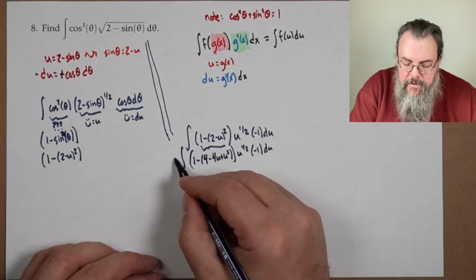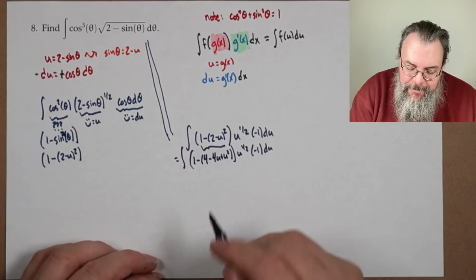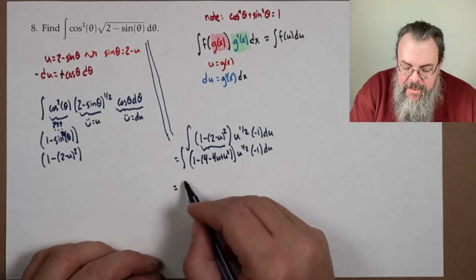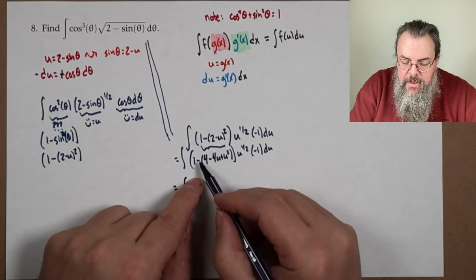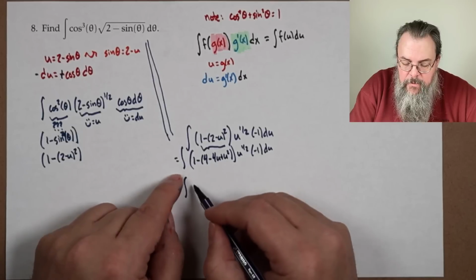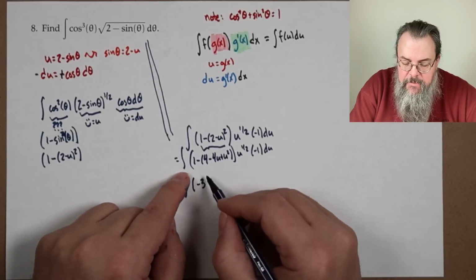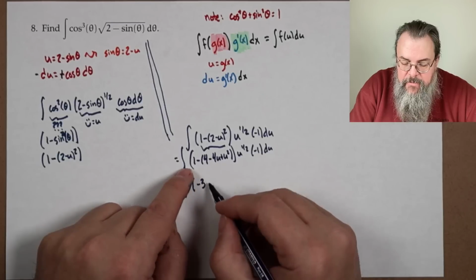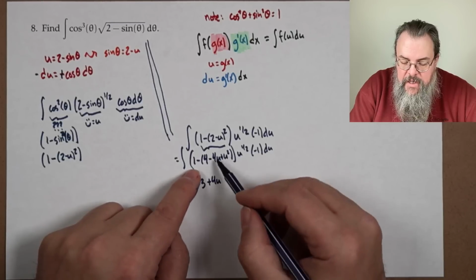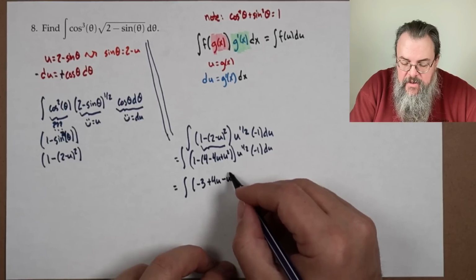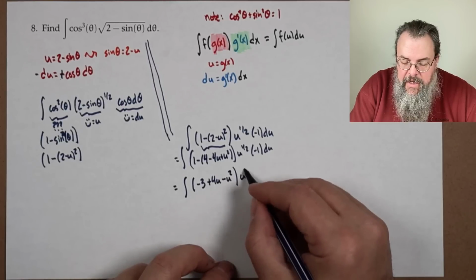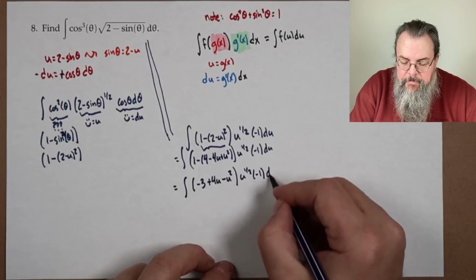I'll just rewrite the whole thing. Then this becomes, distribute the minus and combine: we have a minus 1 minus 4 is minus 3, and then minus 4u makes plus 4u, and then minus u squared, times u to the 1/2, and then again, there's a minus 1.